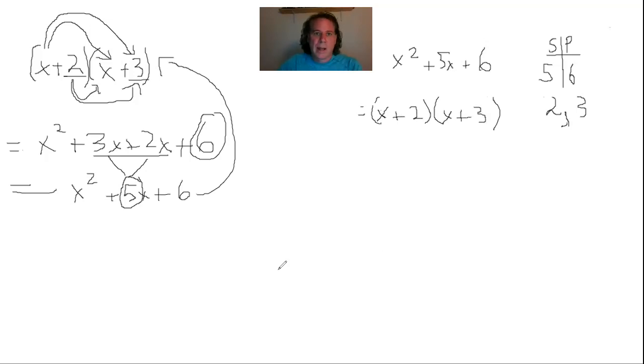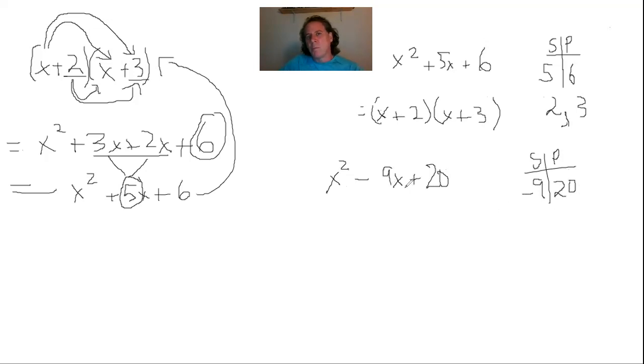So let's look at a slightly tougher example. Let's take x squared minus 9x plus 20. In this case, my sum and product are negative 9 for my sum and 1 times 20, or 20, for my product.